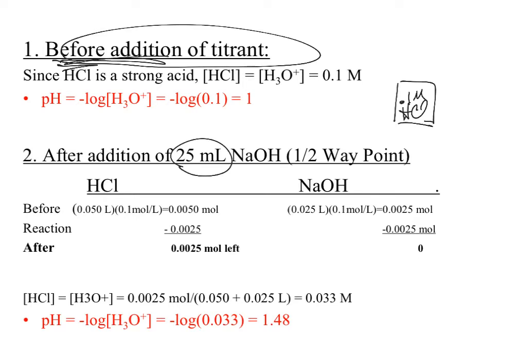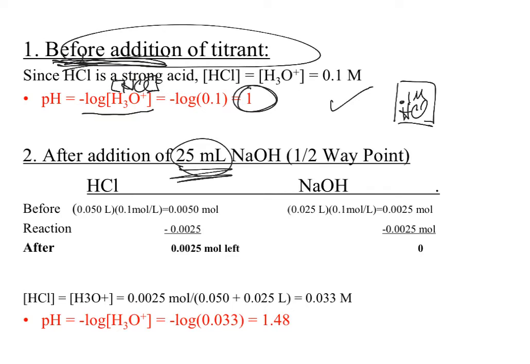There's no sodium hydroxide in there, so all you have to do is take the minus log of the concentration. If it's a strong acid, that's it. So the pH in the beginning is 1. For some reason, a lot of students, if the problem says before addition, treat it as a chemical reaction. It's not. It's just a pH calculation problem, so be aware of that.